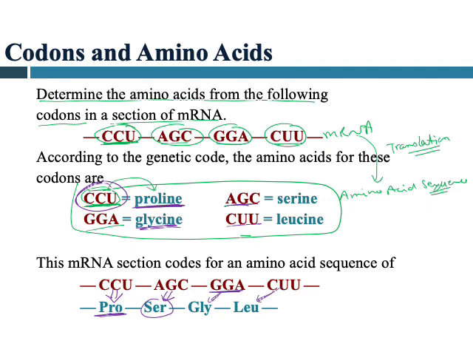So by looking at the triplets of the base sequence, we can easily see the sequence of the amino acids. So if you have this mRNA sequence, information that comes from the DNA, then we can easily see the sequence of the amino acids.